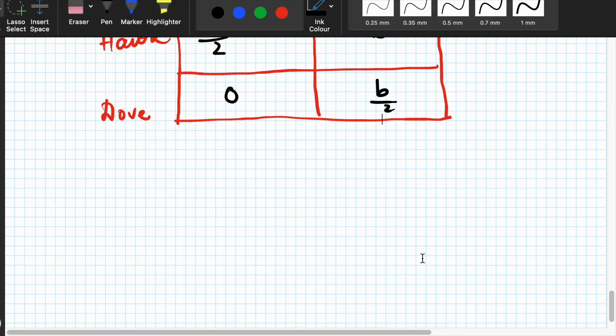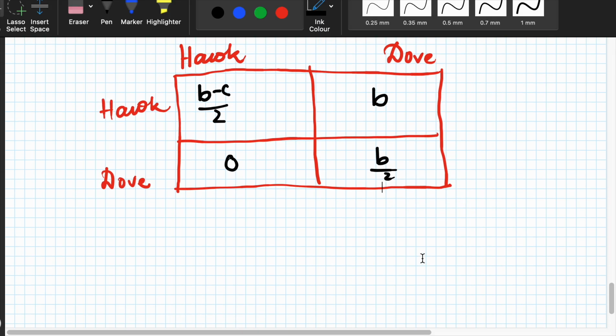These strategies are inherited from their parents, and these numbers are basically nothing but the fitness.